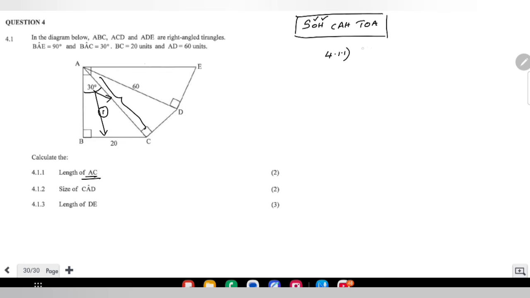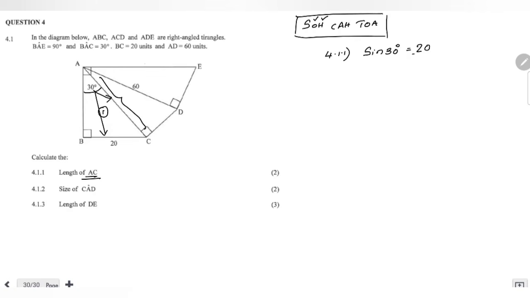So just write sine 30 is equal to opposite 20 over hypotenuse AC. So we got an equation, then solve it. We have to find the value of AC. Where is AC? At the denominator. So you have to first raise it to the numerator by cross multiplying or multiplying both sides by AC.